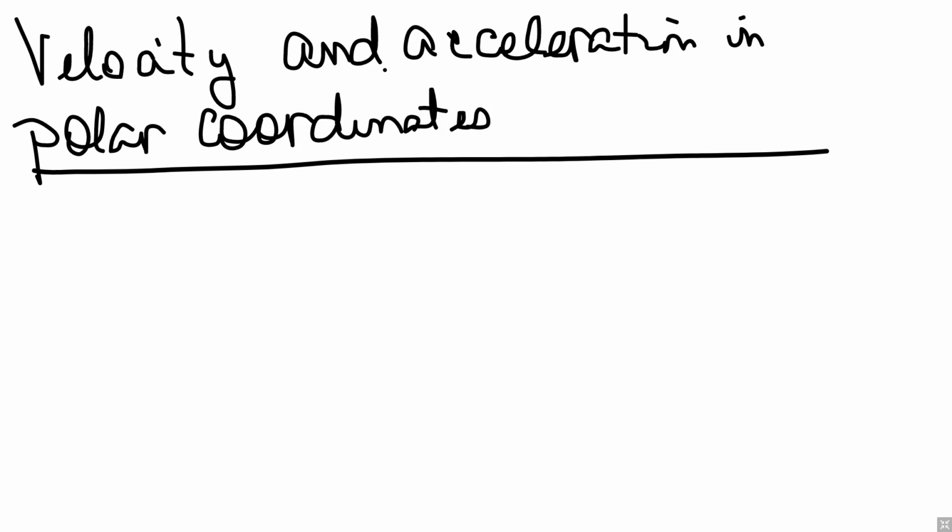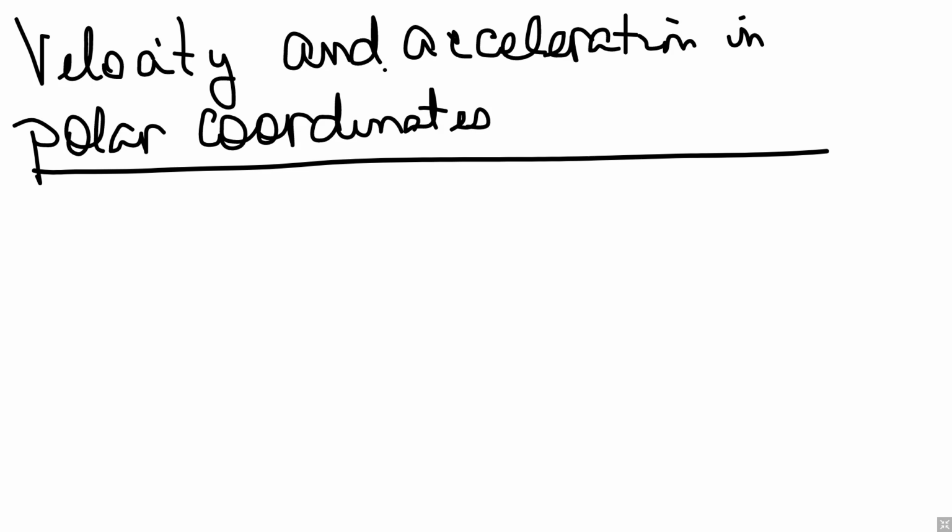But what we're going to look at is doing a problem in being able to rewrite the velocity vector in terms of two other vectors that may be in terms of r and theta.